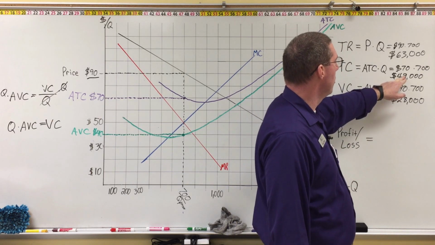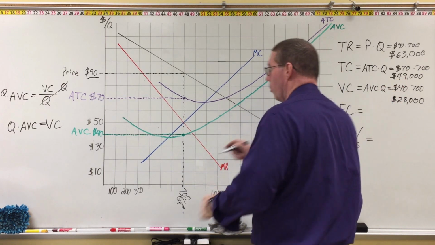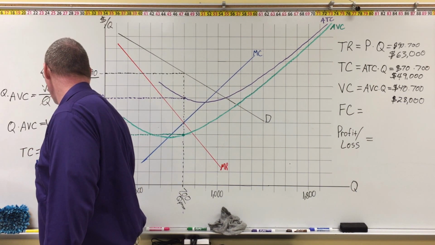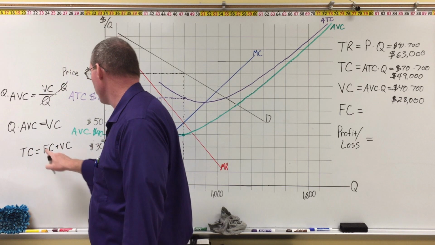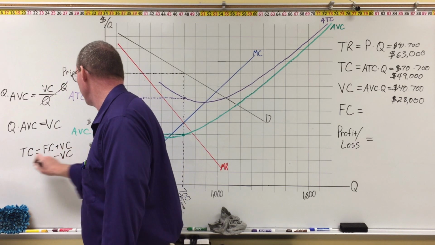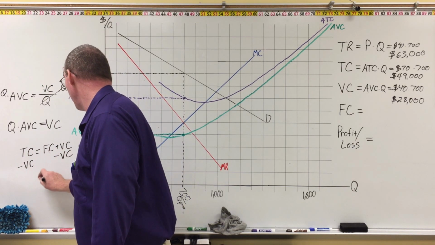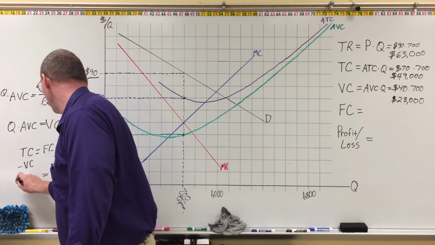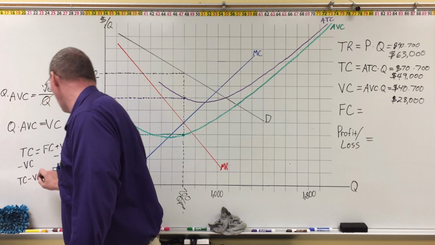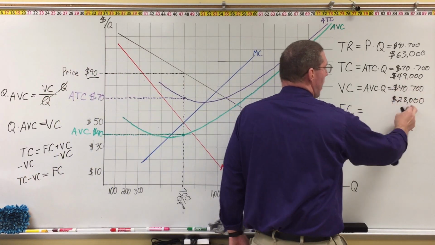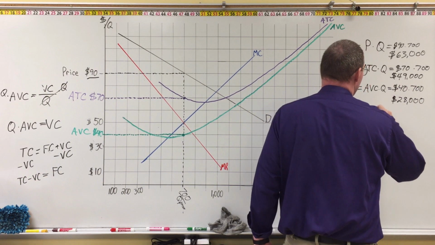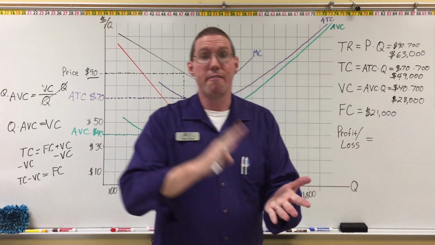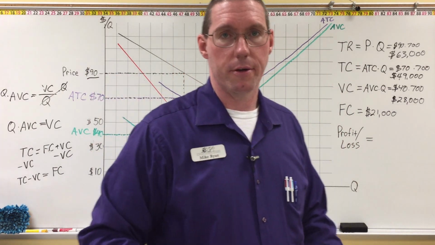Because we know that total cost is equal to fixed cost plus variable cost, to find fixed costs, all we have to do is subtract variable cost from both sides, and we get fixed cost is equal to total cost minus variable cost. So 49,000 minus 28,000, that's 21,000. So we know that the fixed costs for this company are stable, fixed at 21,000.